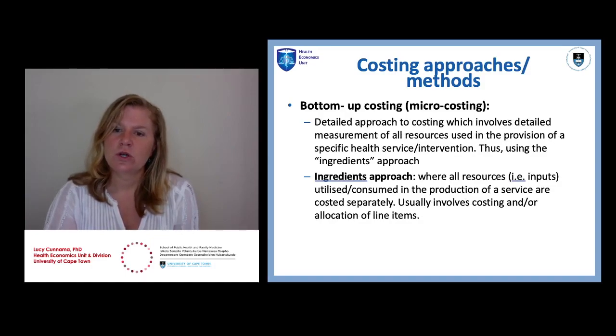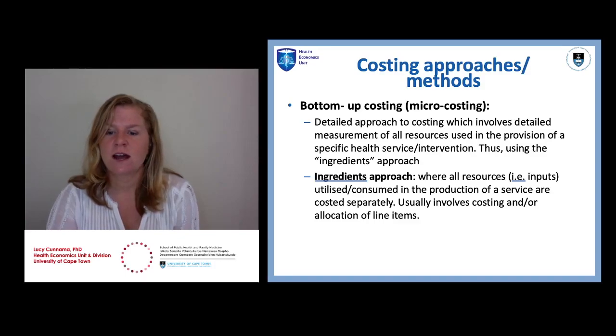We can also perform a bottom-up costing or micro-costing, and this is a detailed approach which uses an ingredients-based approach to measure all the resources used in the provision of a specific health service or intervention.